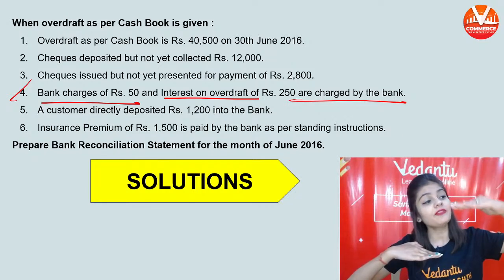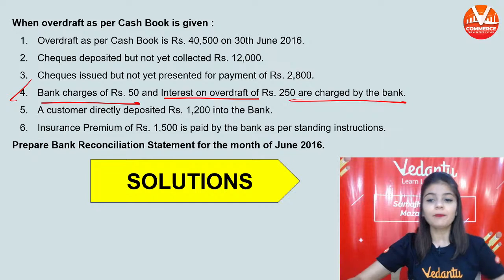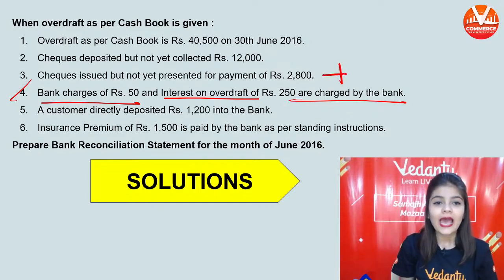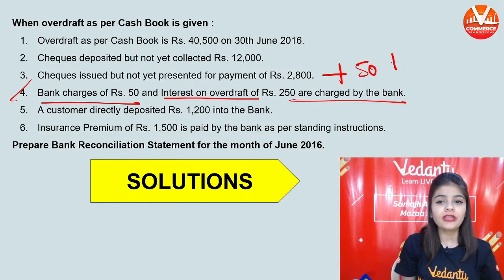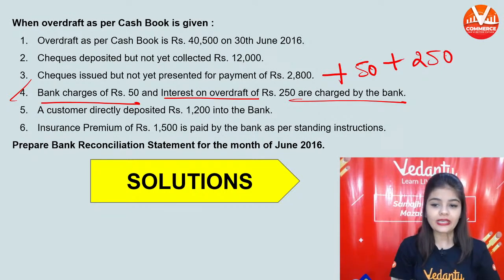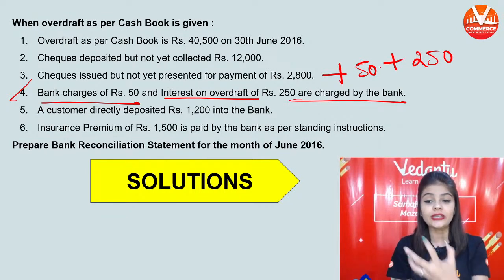You will minus 50, you will minus 250, and the opposite of minus will be add. So you will add 50, you will add 250, you will add a total of 300.